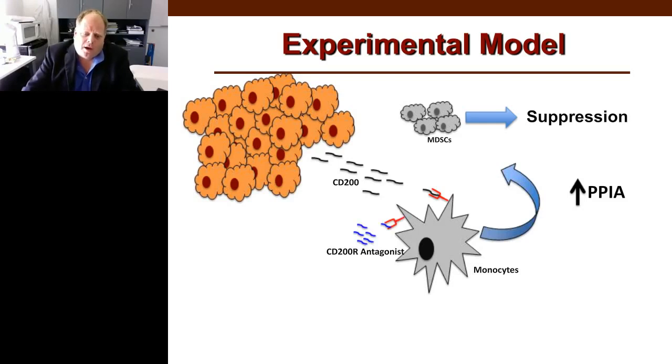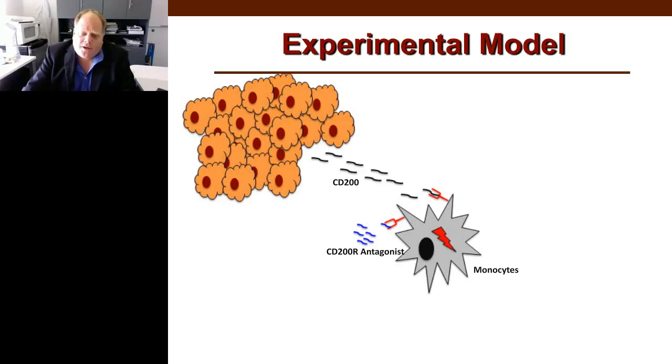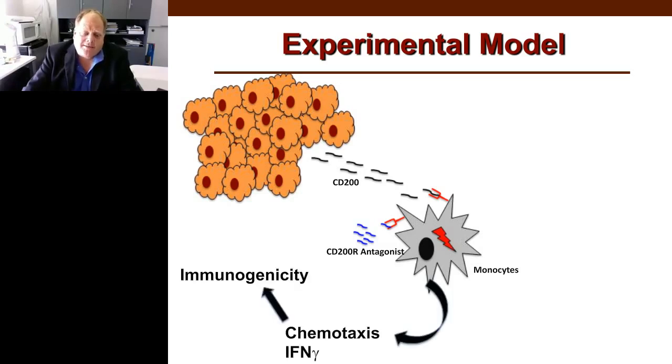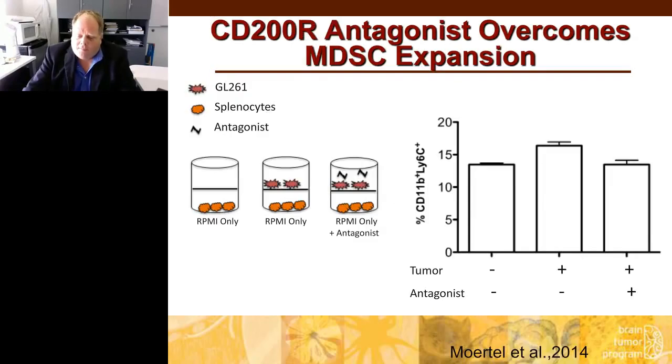However, if we use our CD200 receptor antagonist, and we're still working on whether it's binding separate receptors or not, we're hypothesizing it's going through the isoforms, inducing a response which induces chemotaxis, cytokines, chemokines, and ultimately immunogenicity. And I'll be showing you the data that led to this hypothesis.